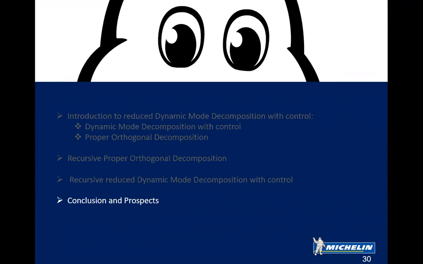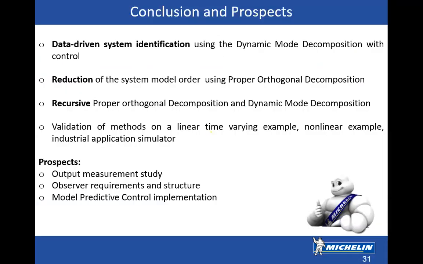So now we can proceed to the conclusion and prospects after we validated the method. I started with the data-driven system identification using dynamic mode decomposition with control. We reduced the system model order using proper orthogonal decomposition. Then, because we're working on a nonlinear system and its complexity, we introduced a recursive proper orthogonal decomposition as well as recursive dynamic mode decomposition.